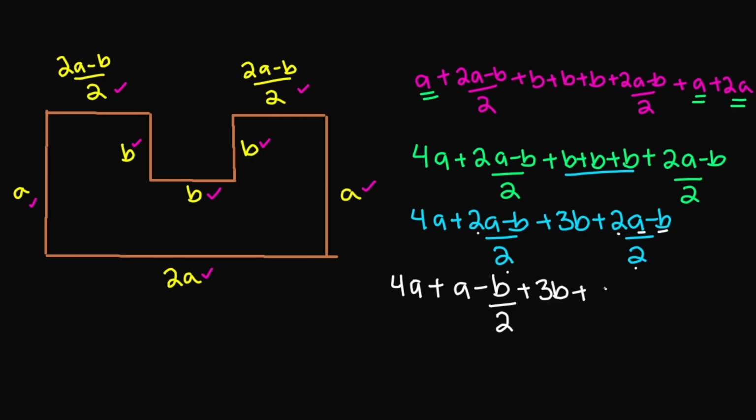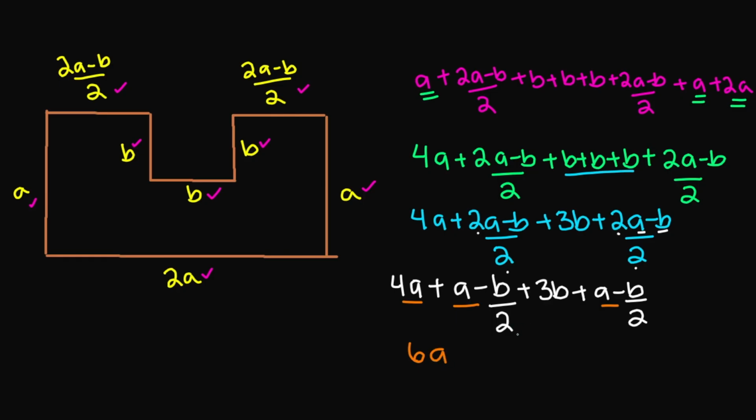So it's going to be plus A minus B, and that's going to be over 2 as well. And by looking at this step here, notice that you do have 4A plus A here, and you also have another A here. So 4 plus 1, that's 5. 5 plus 1, that's going to be 6. So far, you do have 6A here.